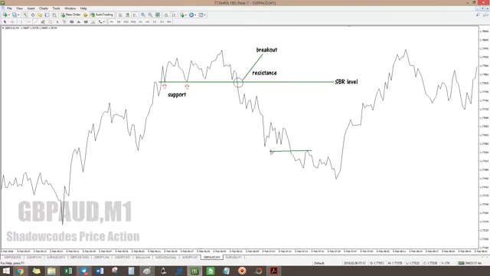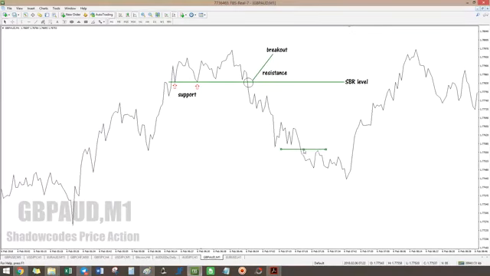This is wrong, not a correct way to mark the SBR RBS level. You must take from the left to the right, not from the right to the left. So from left to right, change it.